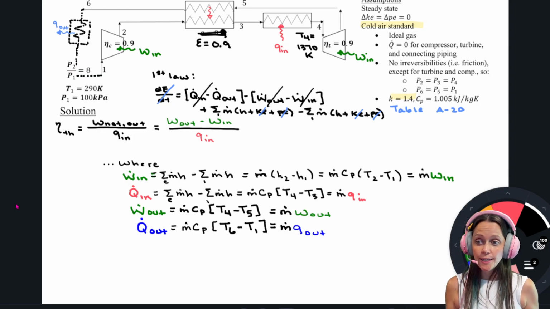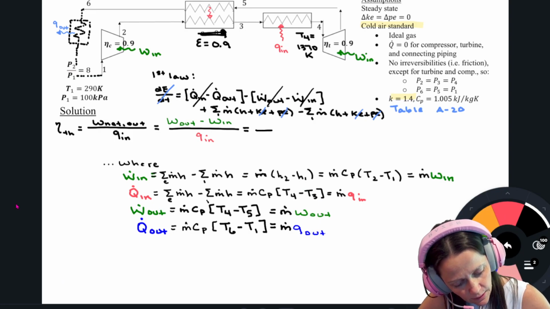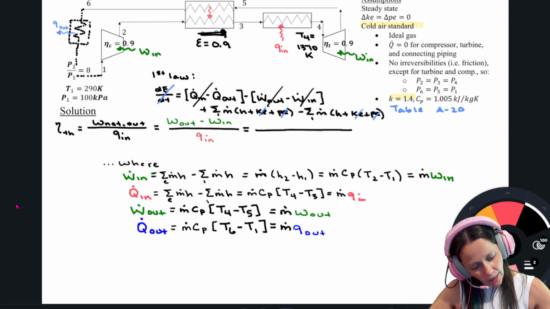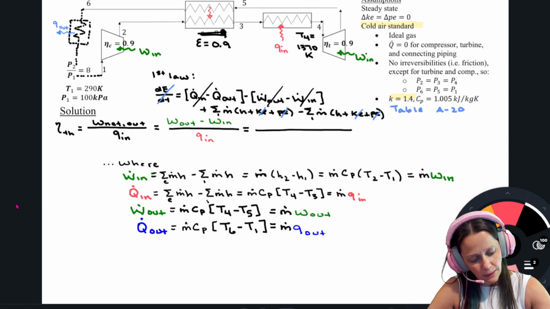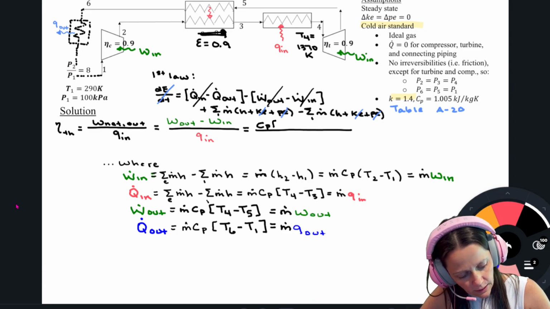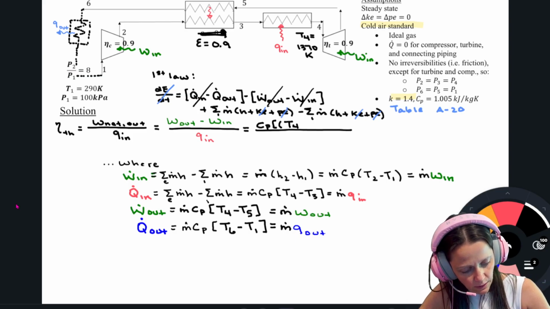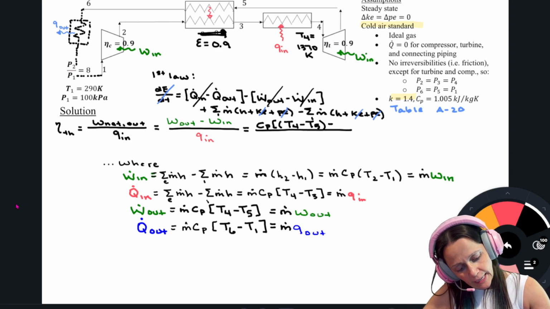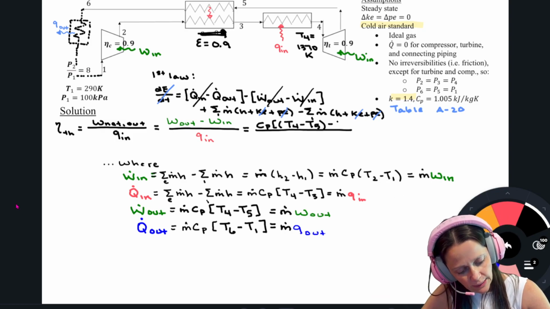So now it's really easy for me to go back up to that thermal efficiency equation. And I have, so little w out, that's going to be that line right there. So I've got CP times T4 minus T5 minus the little work in right there, so CP times T2 minus T1.